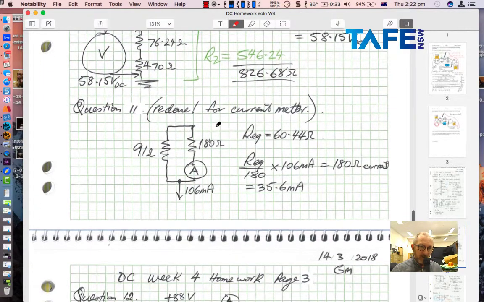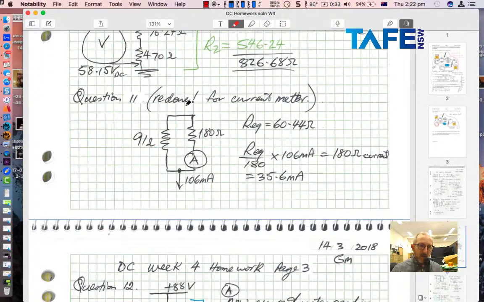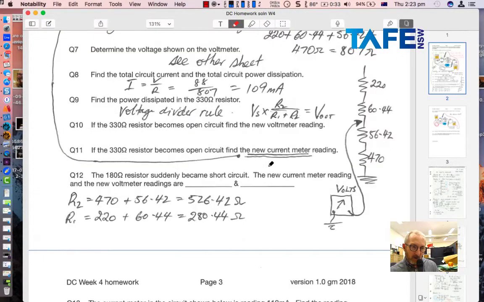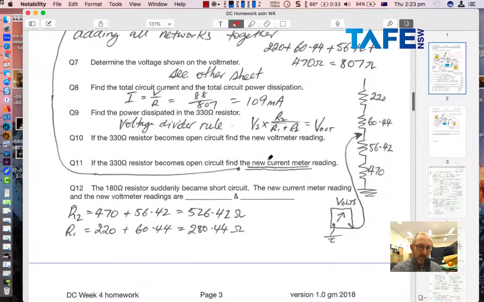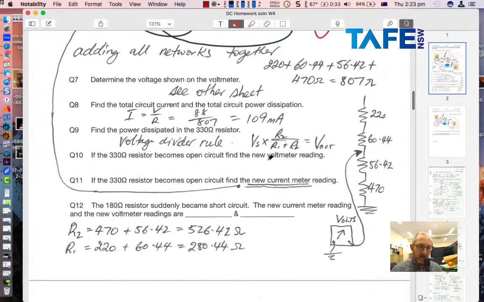All right, so question 11. Question 11, I actually made a small mistake. Those of you that were paying attention to the original circuit, it said, question 11, if the 330 ohm resistor becomes open circuit, find the new current meter reading.